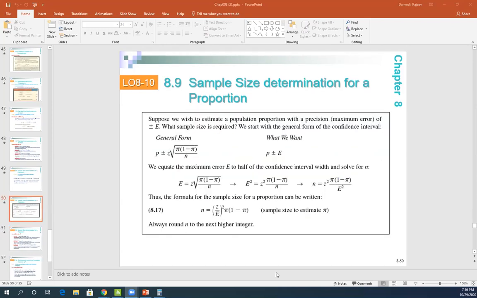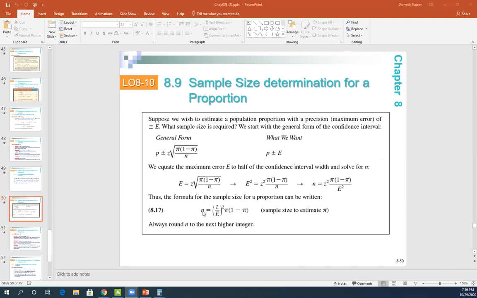Suppose we wish to estimate the population proportion with precision plus or minus e. This is the general form, and this is what we want. So basically these are the formulas, and in questions you get the error term and the proportion, and how much sample size do we need.